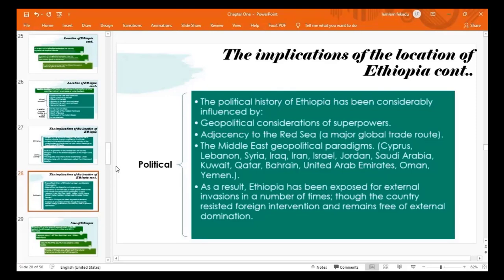The political history of the country has been considerably influenced by the geopolitical concentration of superpowers, because of its adjacency to the Red Sea and the proximity of the country to the Middle East. As a result of this, Ethiopia has been exposed to external invasions a number of times, though the country resisted foreign interventions and remains free of external dominance.